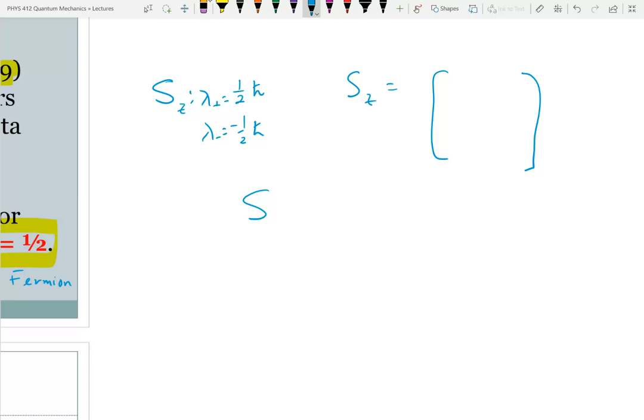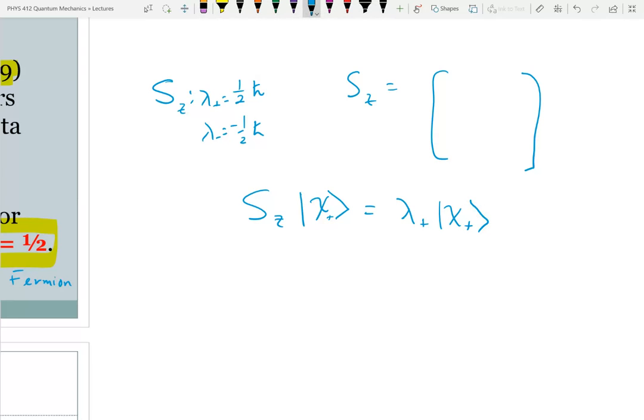Such that I have S sub z acting on some eigenstate chi is equal to lambda, and I'll say that's chi plus, and this is lambda plus chi plus. That's supposed to be a chi. It looks more like a C now, or a psi.